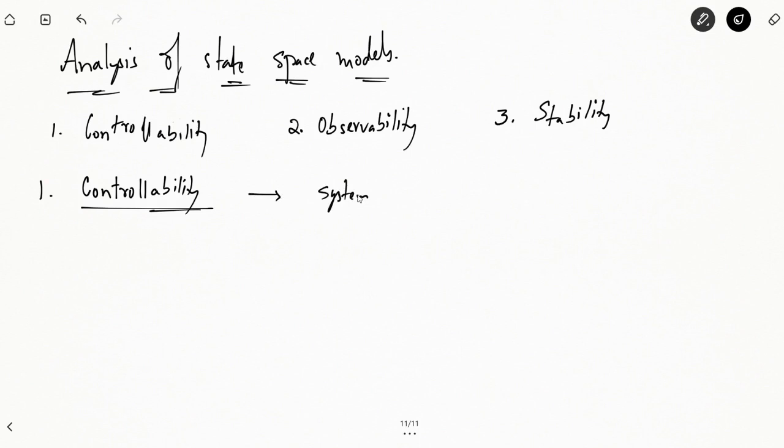That determines the property of controllability. If you are able to control the output of any system, the system is said to be controllable. If you are able to control the output as well as the states of a system, the system is said to be controllable. If you are not able to control the output and the states of a system, the system is said to be uncontrollable. Fine.